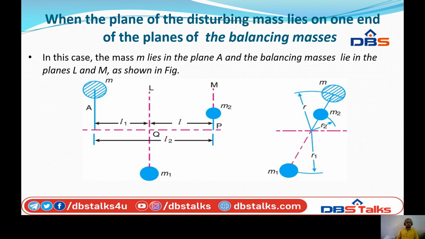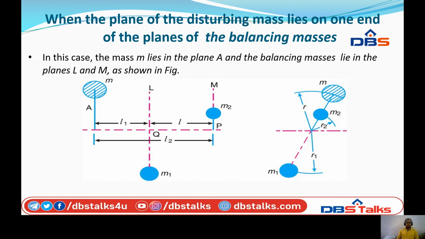Okay, then go to the second condition, when the plane of the disturbing mass lies on one end of the planes of the balancing masses, that is, either on the left hand side or the right hand side.